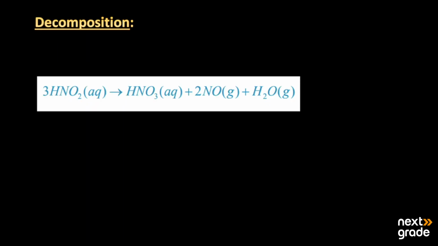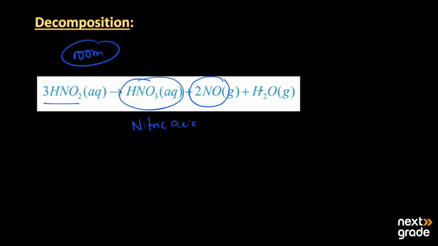The first one is decomposition. It starts to decompose even at room temperature, changing into nitric acid along with the production of nitric oxide and the water molecule. So it decomposes at ordinary temperature, which means it is not a stable compound itself.